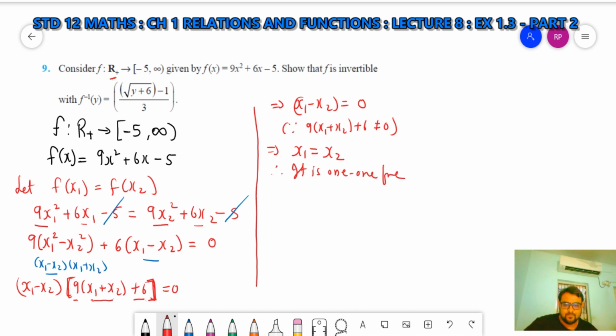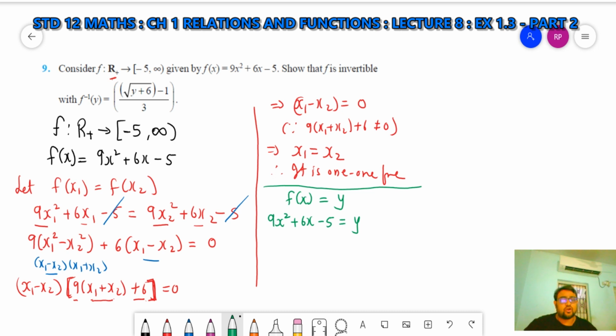Clear? Now let's check for onto. What we do for onto: f(x) is equal to y. What is f(x)? 9x² + 6x - 5 = y. In such an equation, where one term has x to the power 2 and one has power 1, if you want to find x in terms of y, try to make it a perfect square.